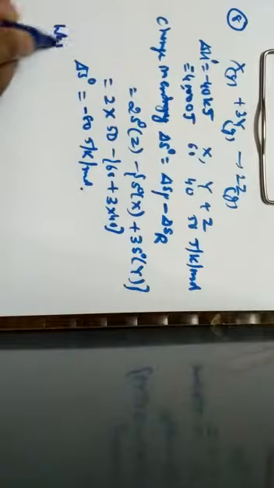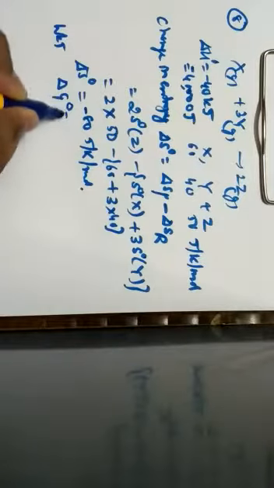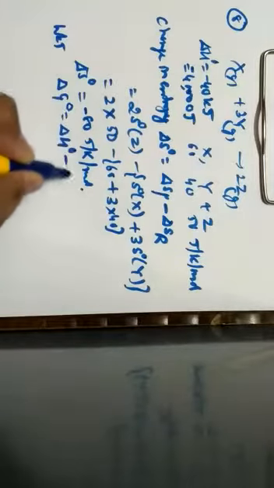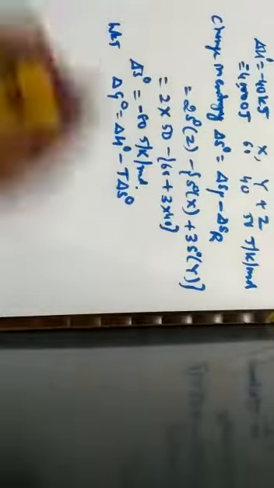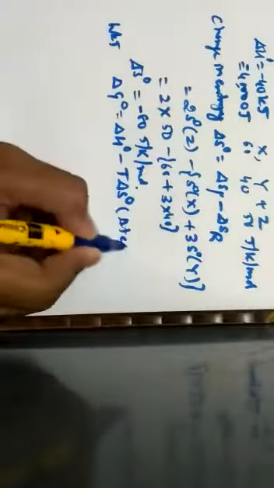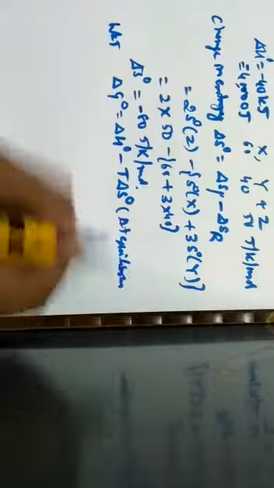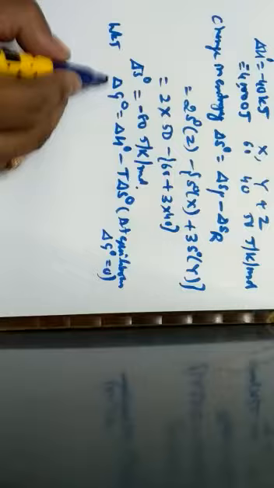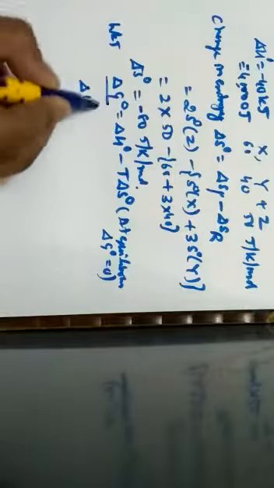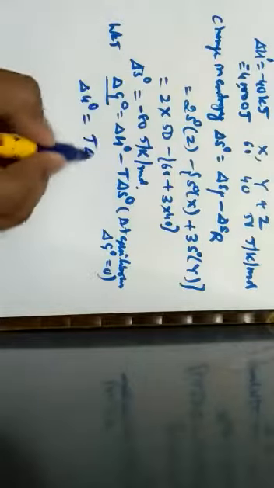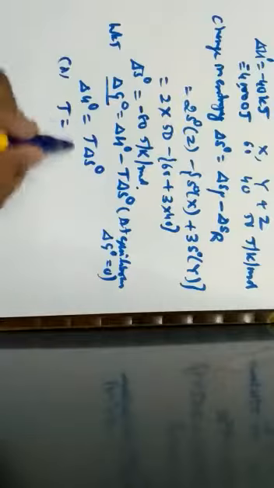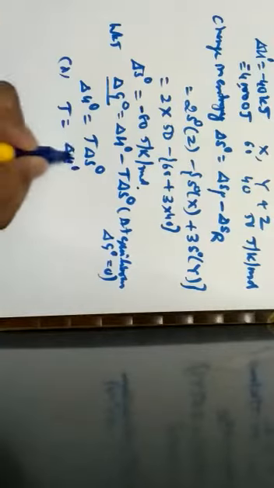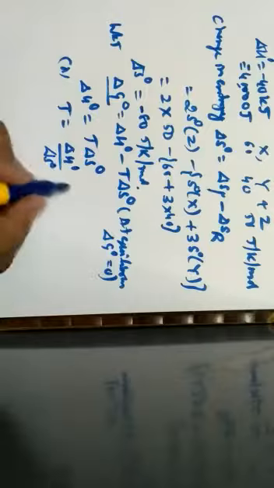So we know that according to the Gibbs-Helmholtz equation, delta G naught is equal to delta H naught minus T into delta S naught at standard conditions. At equilibrium, we know that delta G naught is equal to 0. So when delta G naught tends to 0, I can write the equation as delta H naught is equal to T into delta S naught, or T is equal to delta H naught divided by delta S naught.